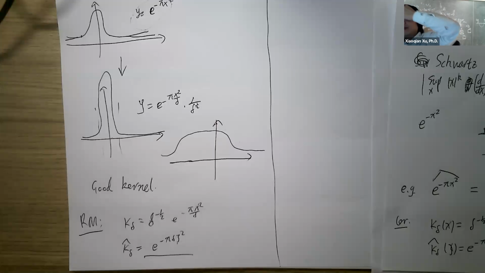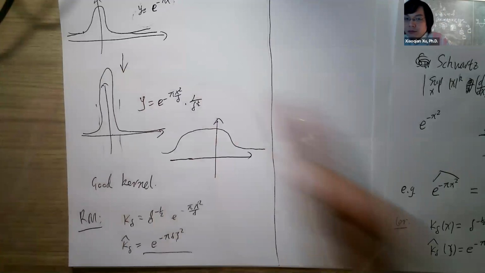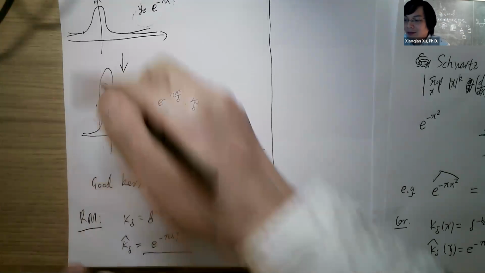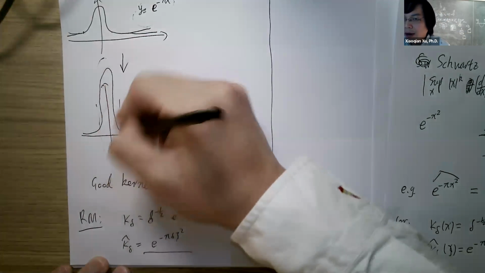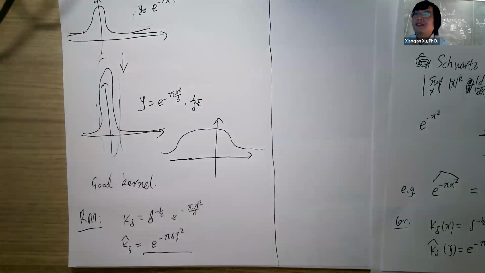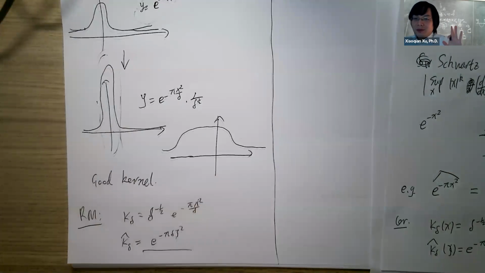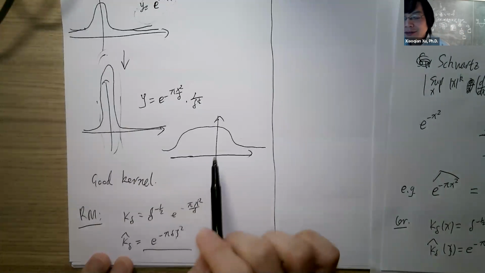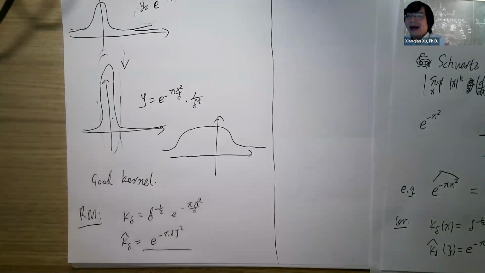In this spirit, you can see that you try to make the major part of your Gaussian, or you can think of it as the support of your Gaussian, smaller and smaller and smaller, but the Fourier transform of such a function will have bigger and bigger and bigger support.